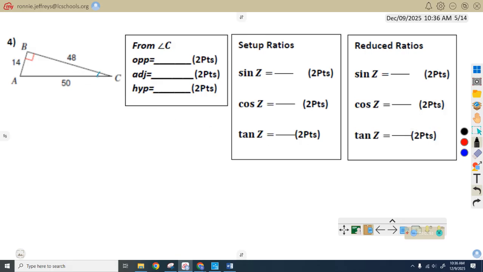Number 4, we're looking from C, which is this. So 14, 48, and 50. This is 7 over 25. This is 24 over 25. This is 7 over 24.